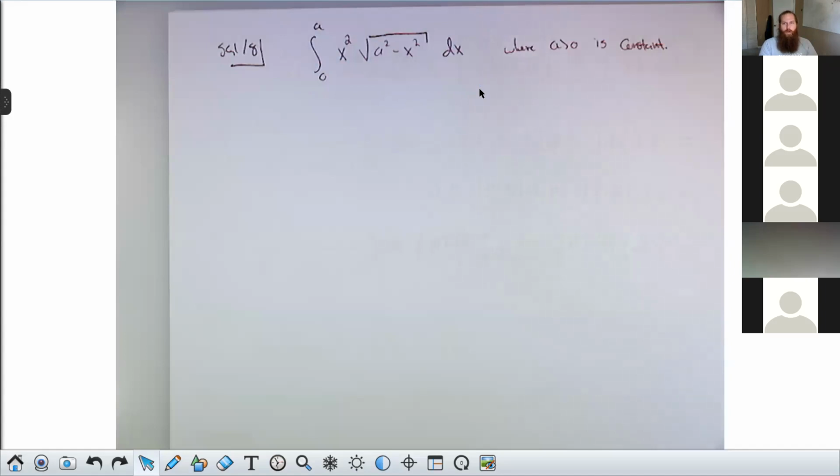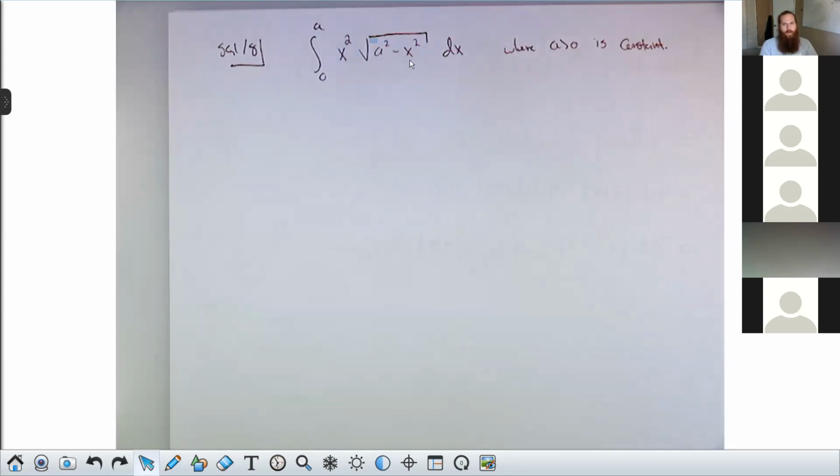Trigonometric. Yeah, this is going to be a trig sub. If this was just a regular x instead of x squared, if this 2 wasn't here, we wouldn't need trig sub, would we? We could do it with a u sub. You could u sub for the thing under the square root, and then your differential would be negative 2x dx. This x gets sucked in, and you could proceed with the power rule. But because this is an x squared, u sub won't get me anywhere.